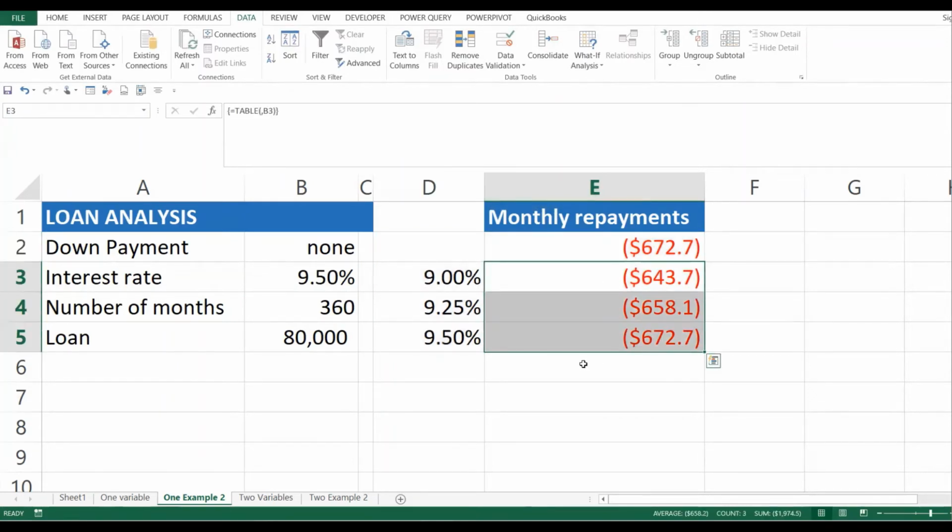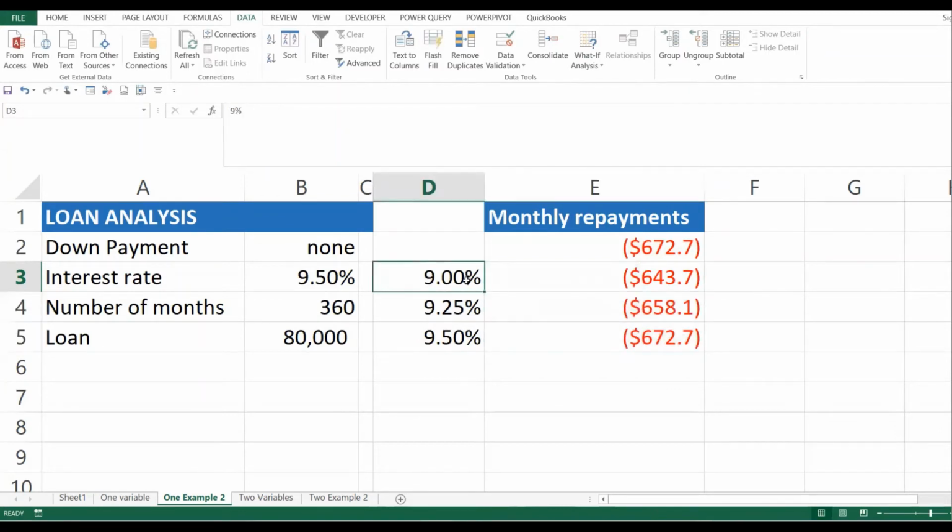So it populates. What it is telling me is that if the interest rate is 9%, my repayment per month will be 643.7. If the interest rate increases, my monthly repayment also increases to 658.1. If it increases to 9.5, it is 672.